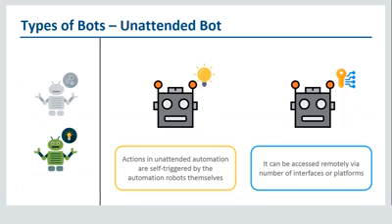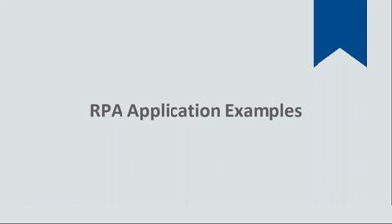When you need these kinds of requirements, you need an unattended bot. Also, it can be accessed remotely via a server. For example, you're sitting in some remote location, you don't have to go to the machine to run this automation. You can control this machine's bot from a server or a computer you are using from far away. So these are the properties of back office robots.